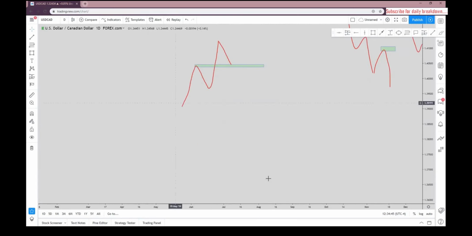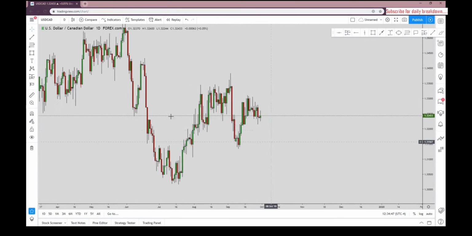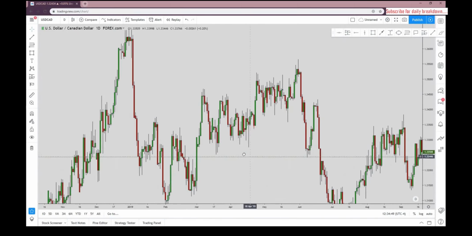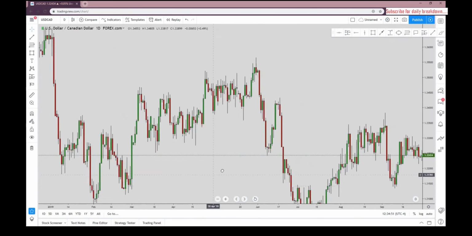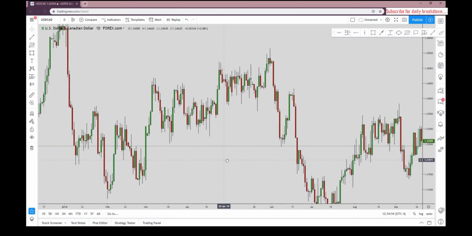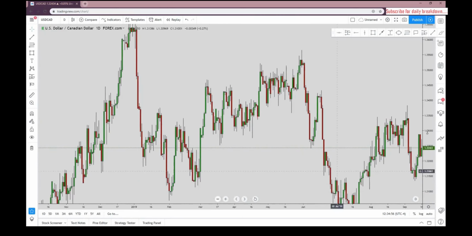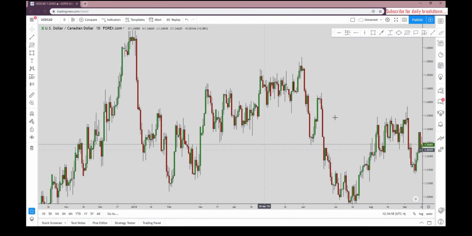So let's move and see, just look at price and see how many times we see a clear impulse in the price. And you can immediately see clear impulses. You have it here, nice impulse to the downside, retracement.